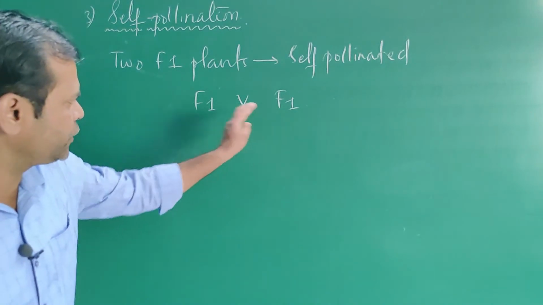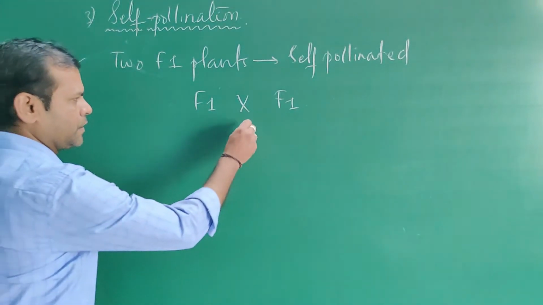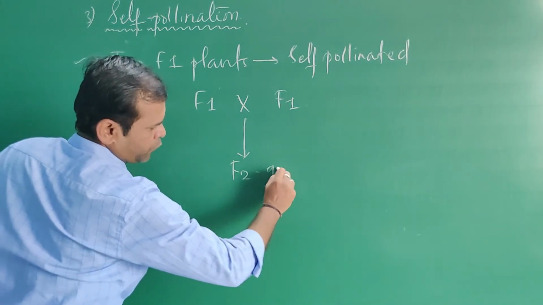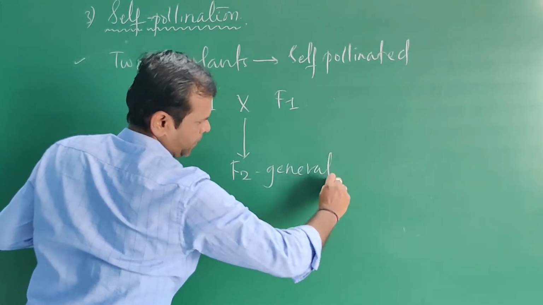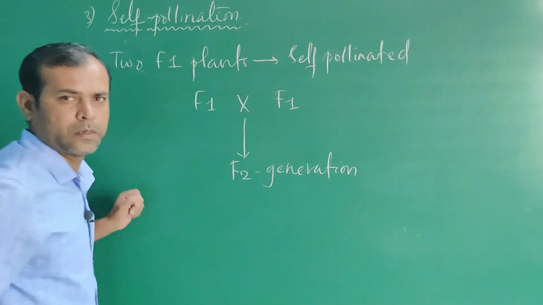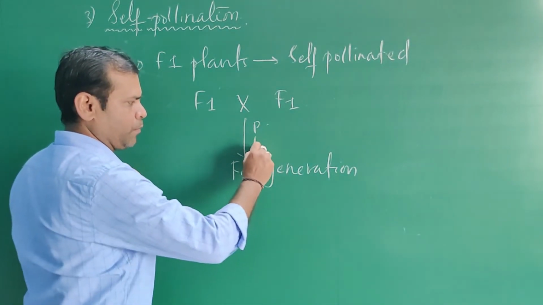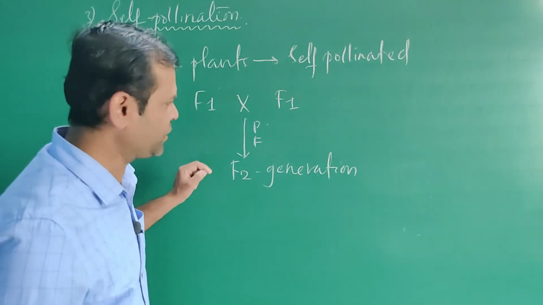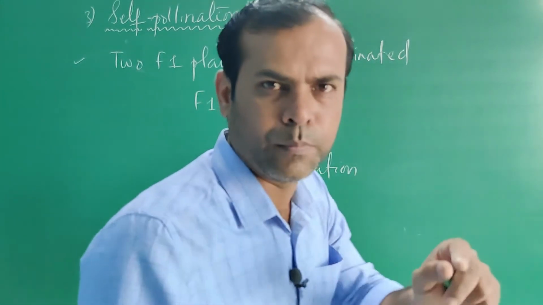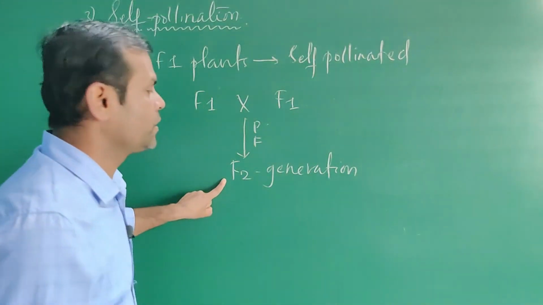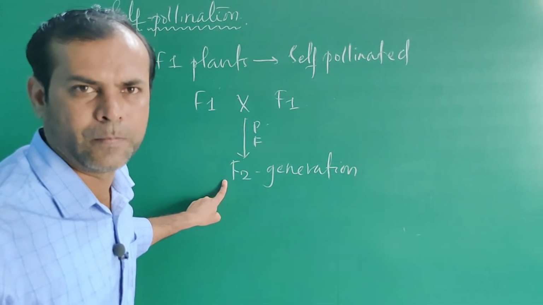Now when you cross these two F1 plants, this will produce the F2 generation. Same method. Pollination followed by fertilization. Fertilization produces seeds, and grow the seeds to produce the F2 generation.